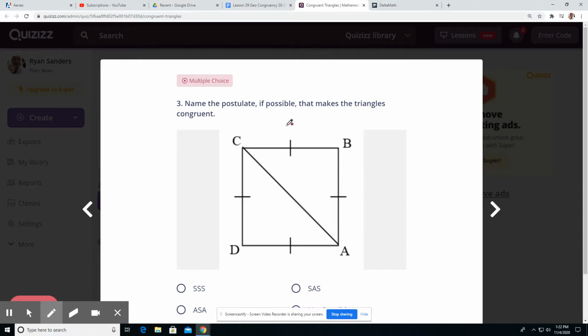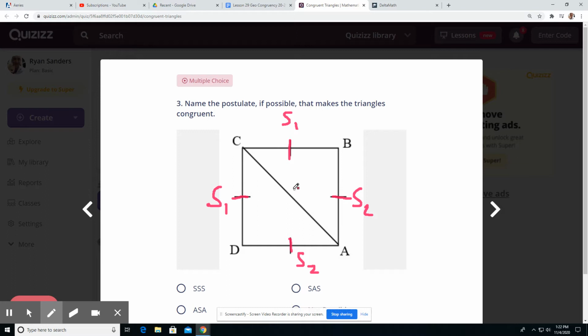Name the postulate, if possible, that makes the triangles congruent. Well, this side matches this side, so I'll call that side 1 matches to side 1. Side 2 matches to side 2.